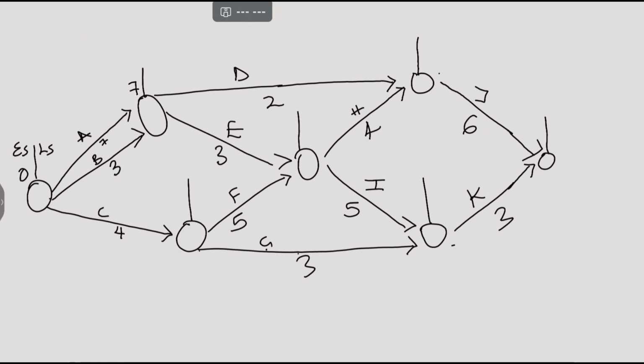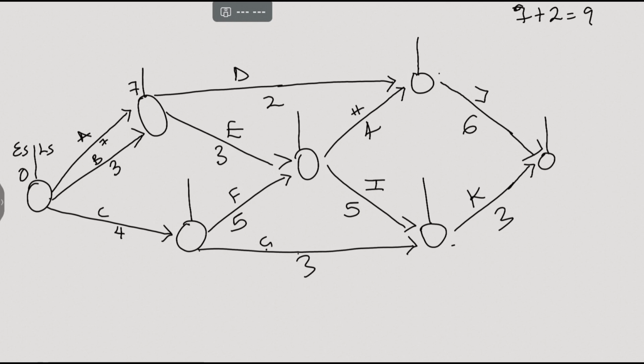Then you come here, 7 to 2, but you just keep it. You have 9, 7 plus 2. Just keep it. Then you come here, B, 7 to 3 is 10, but still keep it. Just come here. C precedes this node.